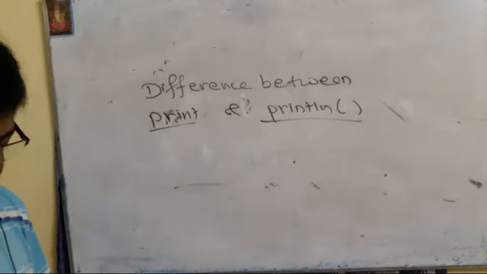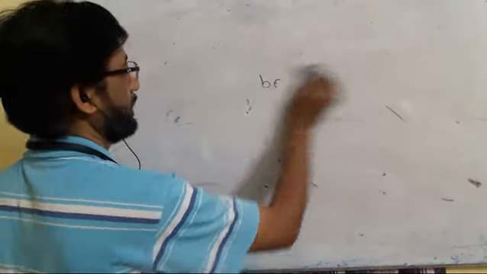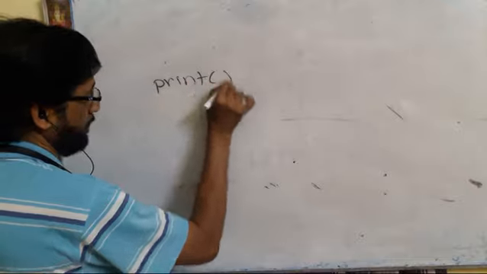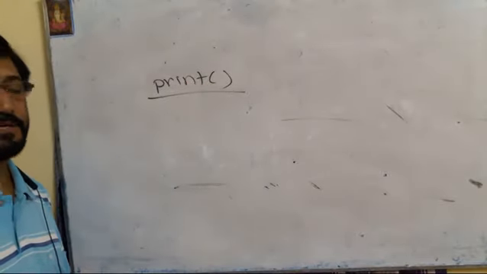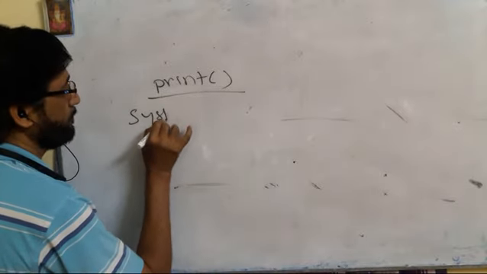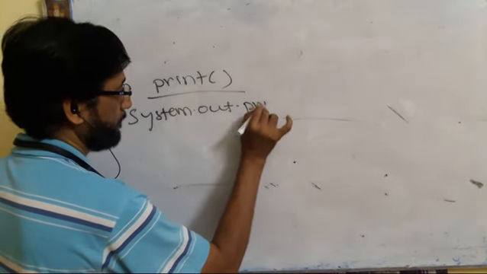I will give you two examples, print and println, to make it clear. Difference between print and println. The print method is used to print the data and keep the cursor in the same line.